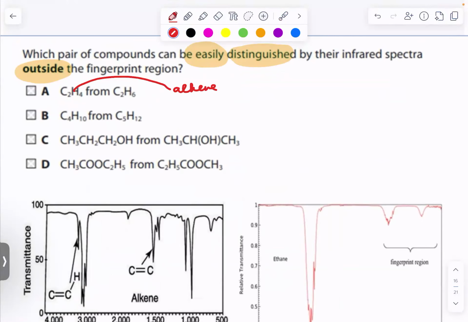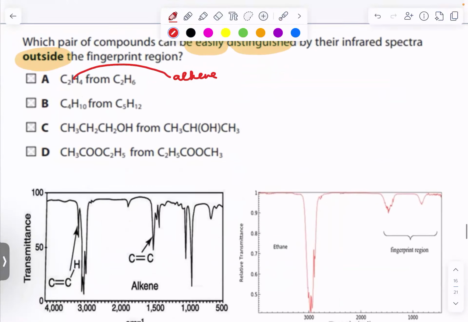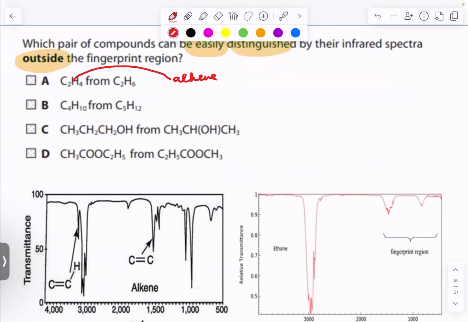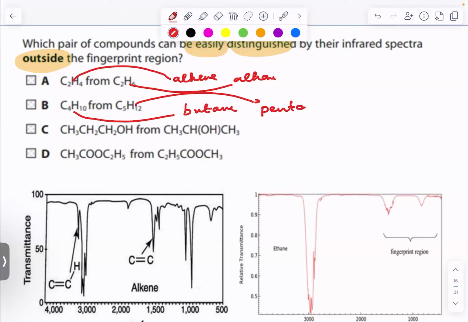It's identified on the left-hand side. Yeah, but you know what, this one is alkene and this is alkane. This is butane, this is pentane. This is alcohol, this is normal alcohol, propan-1-ol, and this is propan-2-ol.